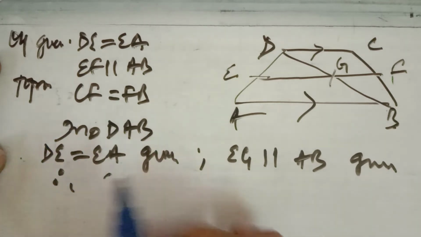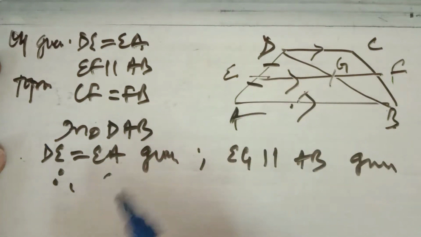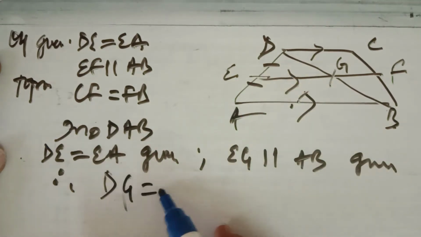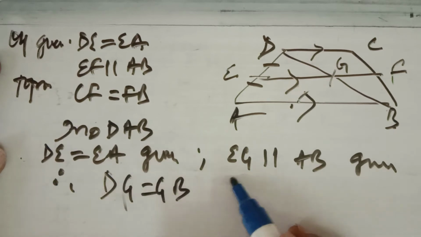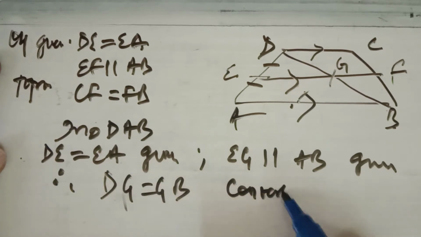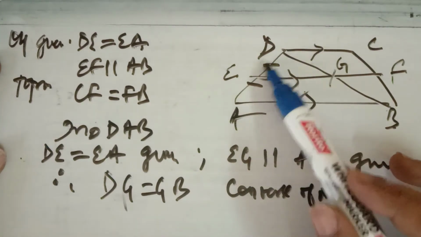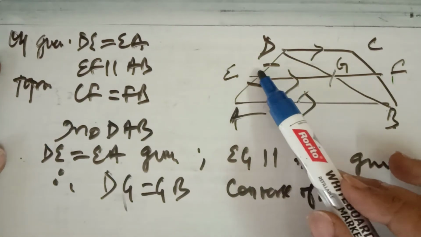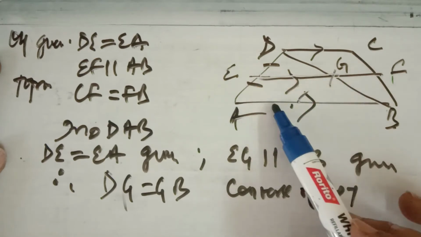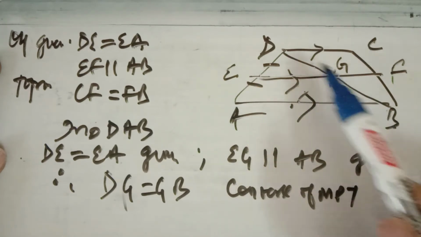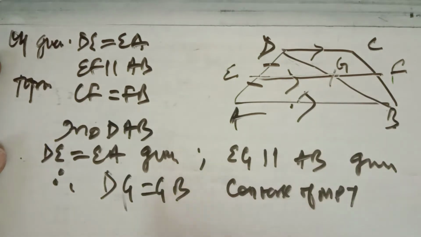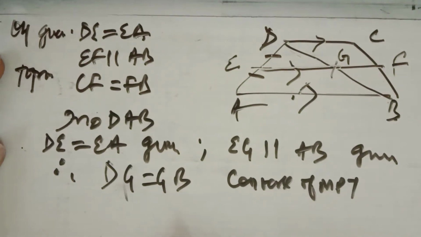So I can write that DG is equal to GB, by the converse of the midpoint theorem, which says that in a triangle, if a line is drawn from the midpoint of one side parallel to the third side, then it will bisect the second side, that is DG is equal to GB.